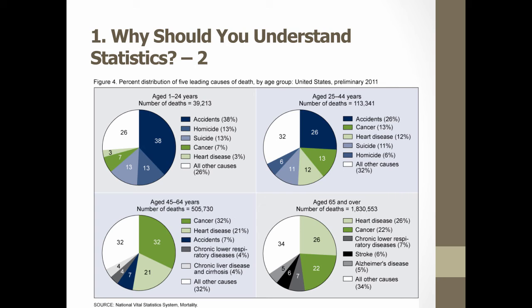And most of them are dying from accidents, and then the 2 following that would be homicide, suicide, and then also obviously all other causes. But let's take a look at those ages 25 to 44. What are the majority of them dying from? All other causes. Okay, so not necessarily accidents or heart disease or cancer, but next to that, accidents as well, right?